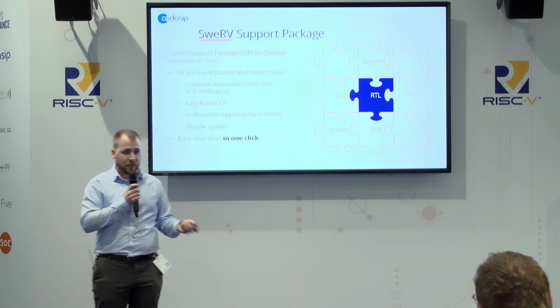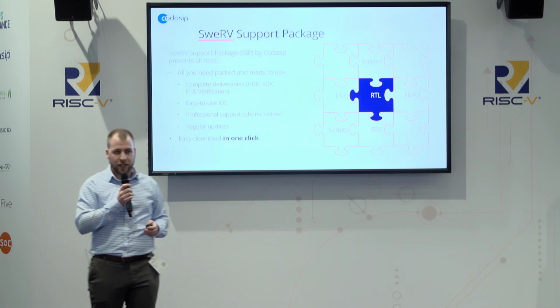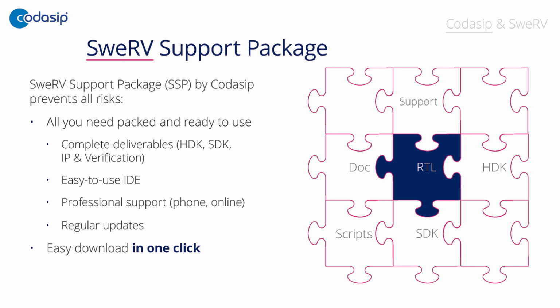This is where the last product of Codasip is stepping in, which is the Swerve support package. It is a package which will contain the IP from Western Digital itself, but it will also contain open source tools for hardware and also software design. It will also contain scripts which are commonly used with the commercial HDK tools.